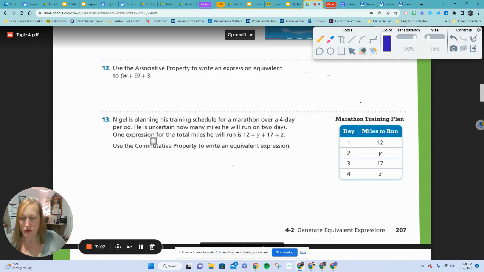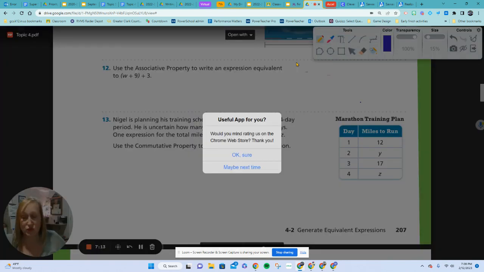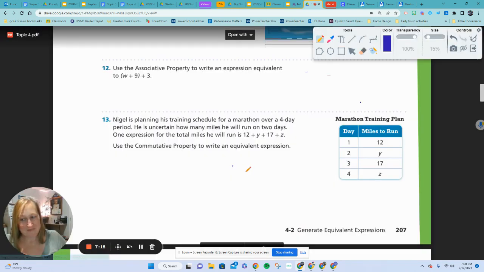Use the commutative property to write an equivalent expression. Guys, it's just commuting. We're just moving. So again, I want you to pause and see if you can come up with a different answer. Okay, what I have done is I have moved my 2 variables together, and I put my 2 constants together, and we could solve the same way.